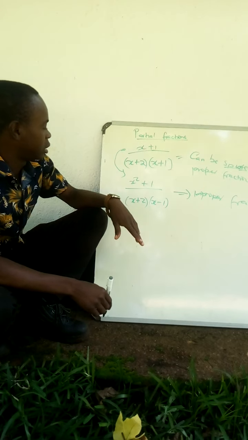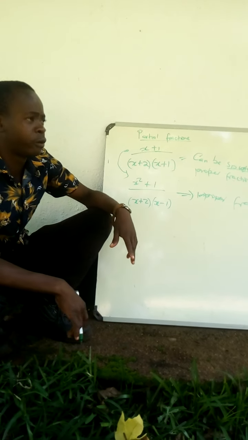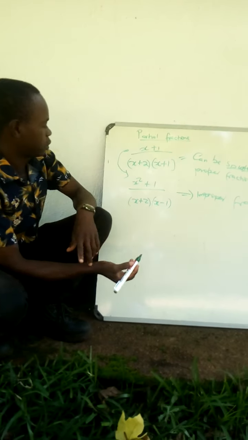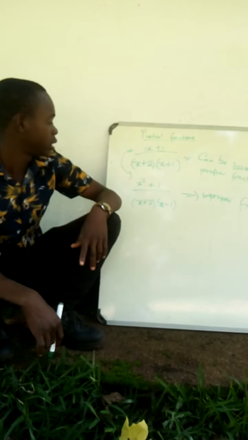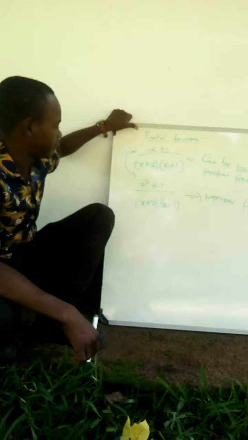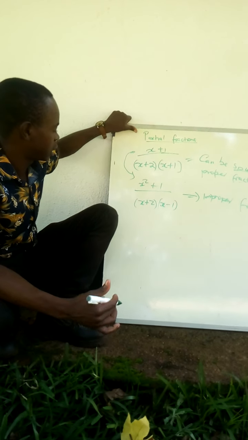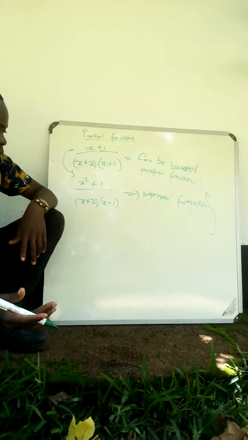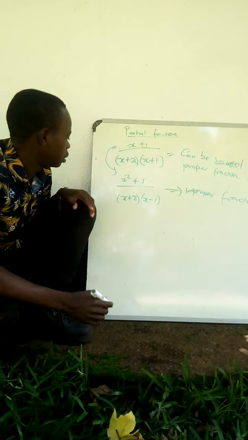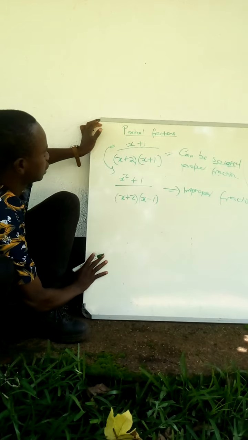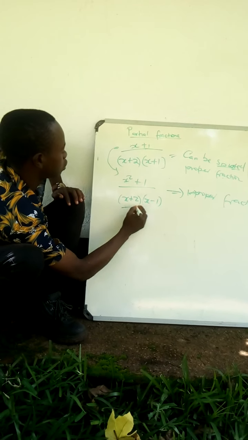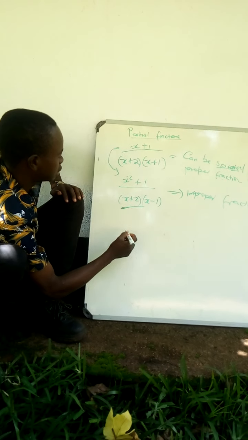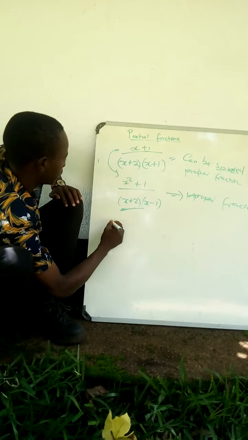By dividing, you are making it possible to partialize. The way you can divide is by using long division, going back to our O-level, or I don't know, primary. First of all, you need to expand to remove the brackets.